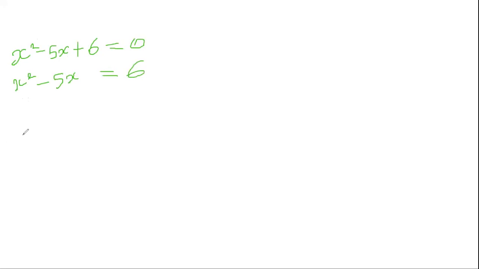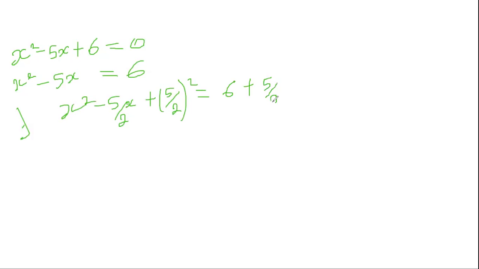So we write this as x squared minus 5 over 2 x plus 5 over 2 squared is equal to 6 plus 5 over 2 squared.